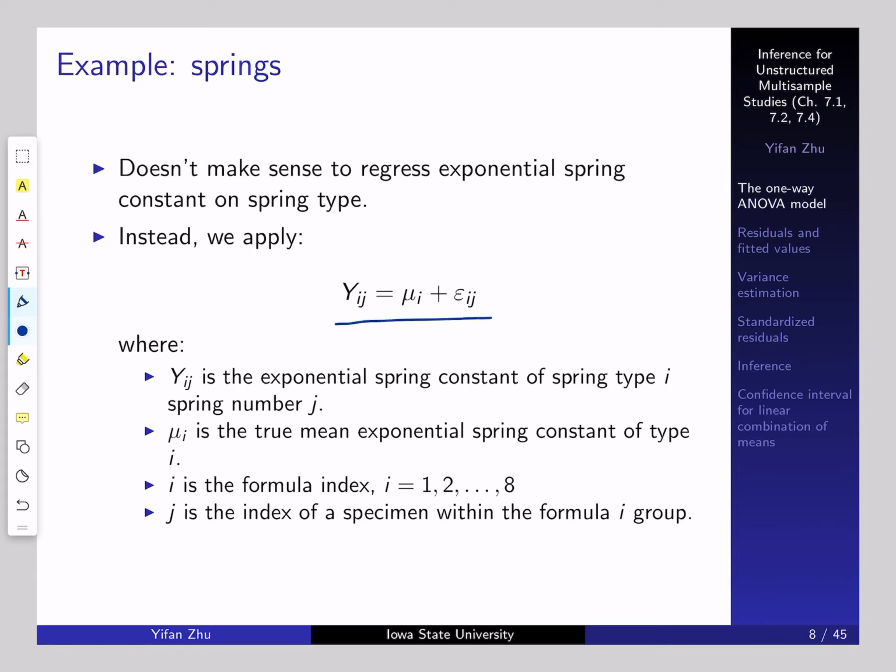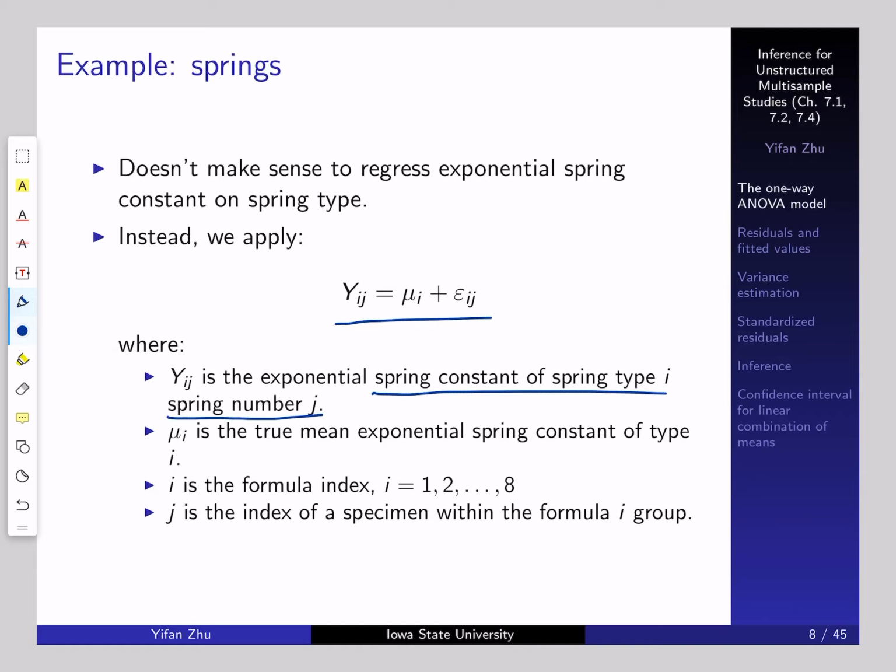The model is still this, and Yij is the spring constant of spring type i, the jth observation for the spring type i.